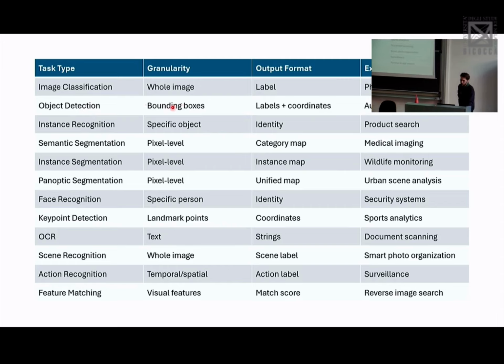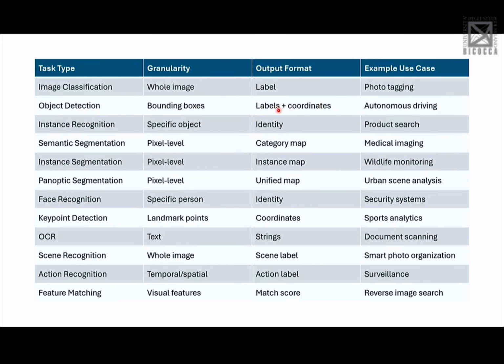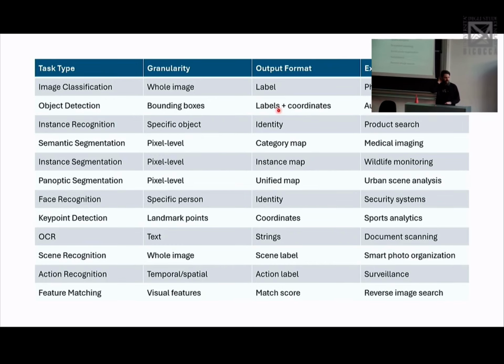Object detection, bounding boxes, can be where is the anomalous region. Then you might want to do instance recognition, semantic segmentation.